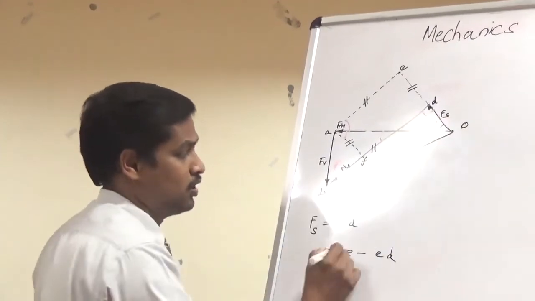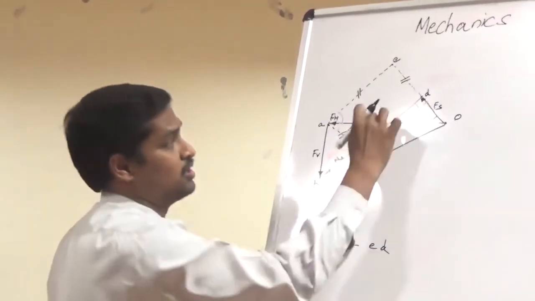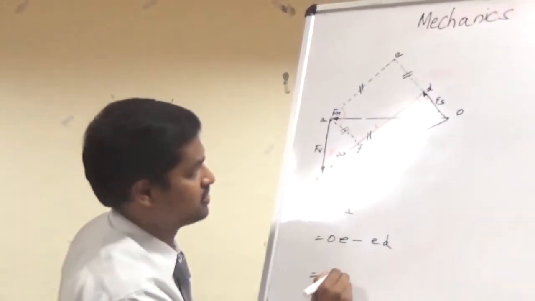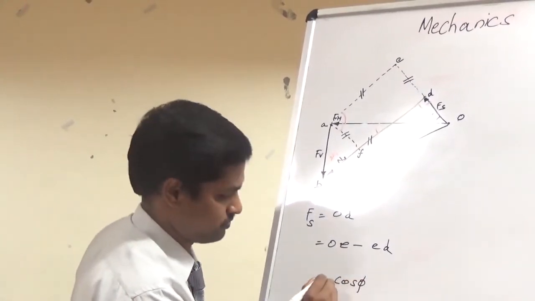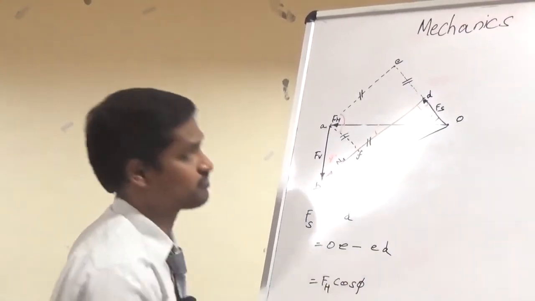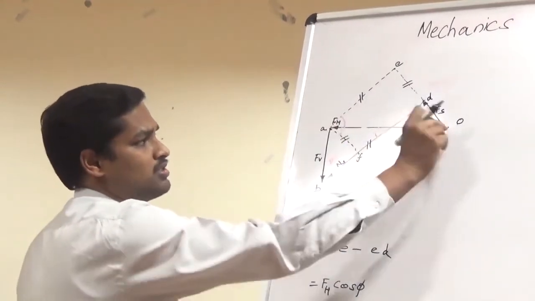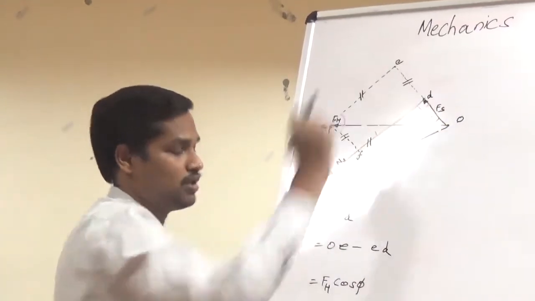OE is adjacent to the angle pi, and this is my hypotenuse side FH, so OE is FH cos pi. It's very simple.